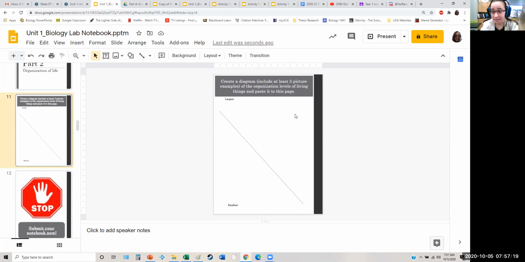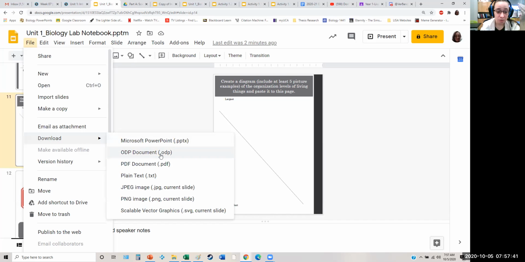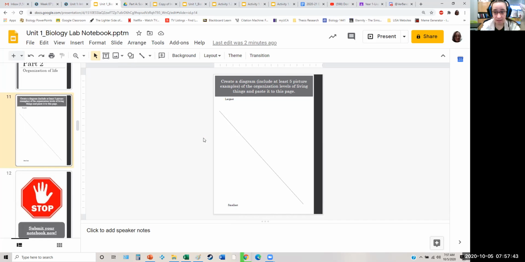It's pretty easy, and that's really, oh, now we're going to get to how you go about submitting this assignment. So what you want to do is go to File on your edited copy, you go to Download, you go to PDF Document, all right?